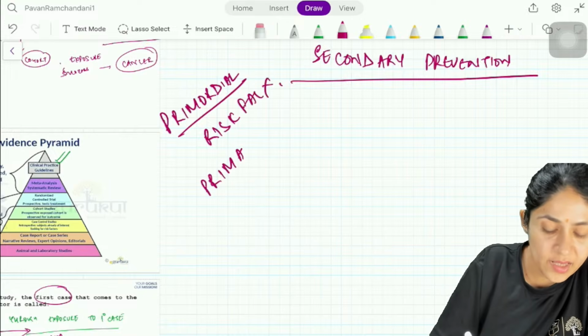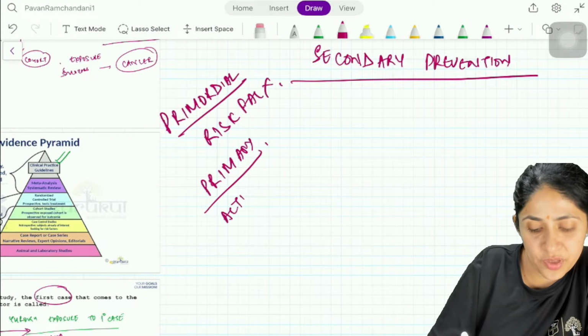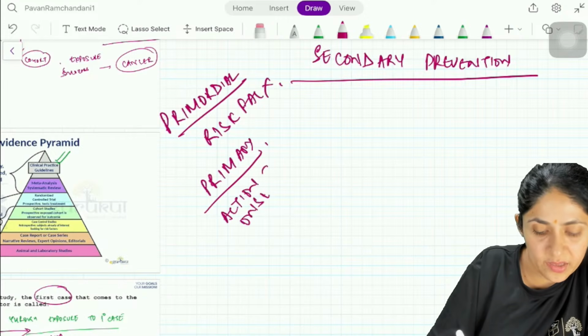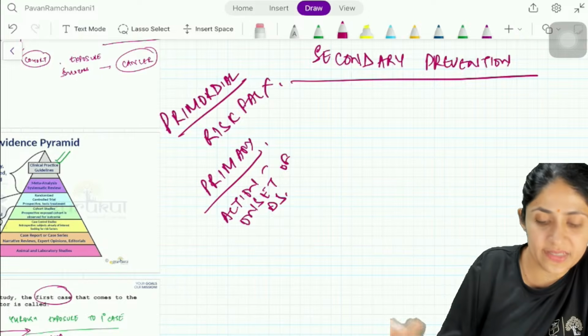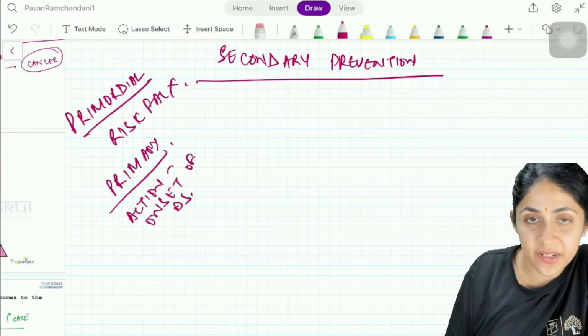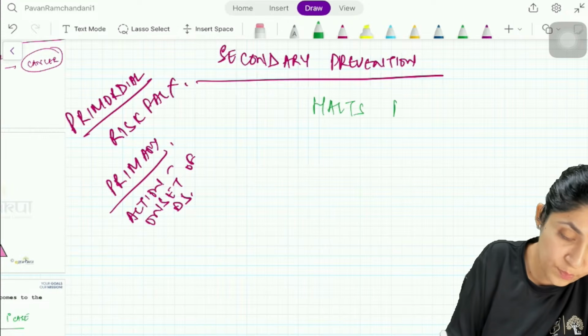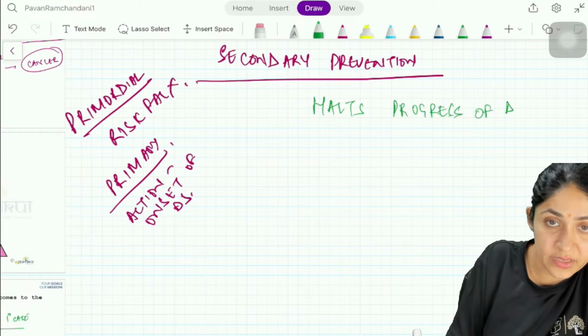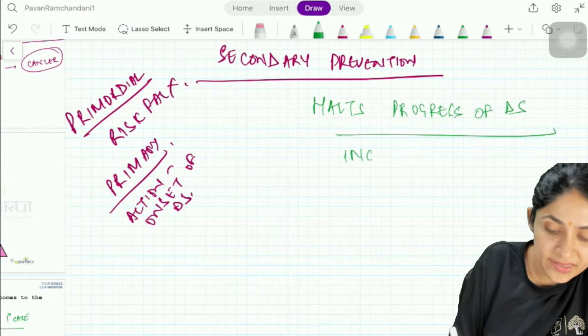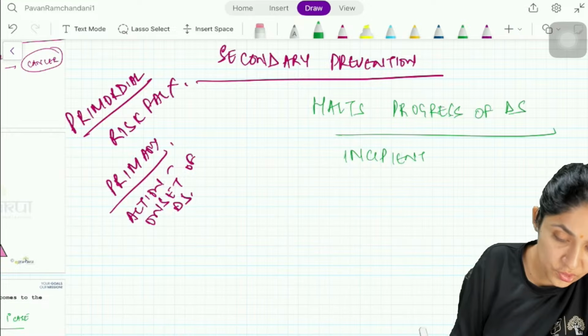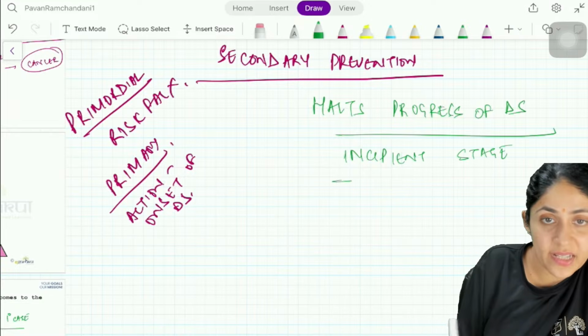Primary says that you take the action before the onset of disease. Coming to secondary, you halt the progress. If the disease is progressing, you halt the progress of the disease at the incipient stage. That is called secondary.